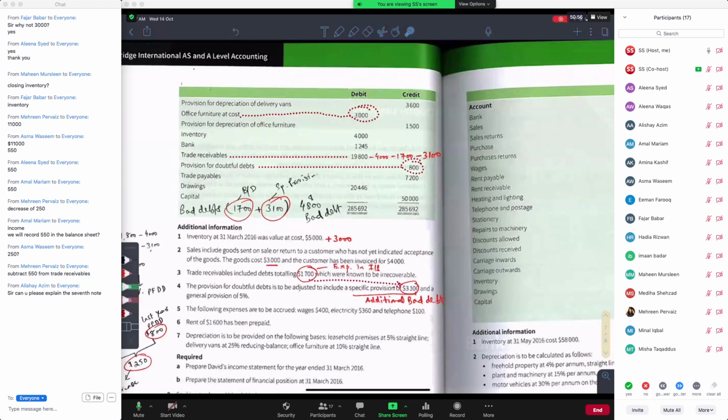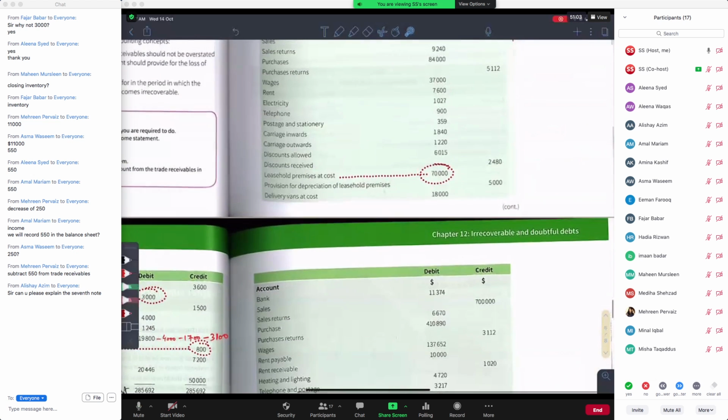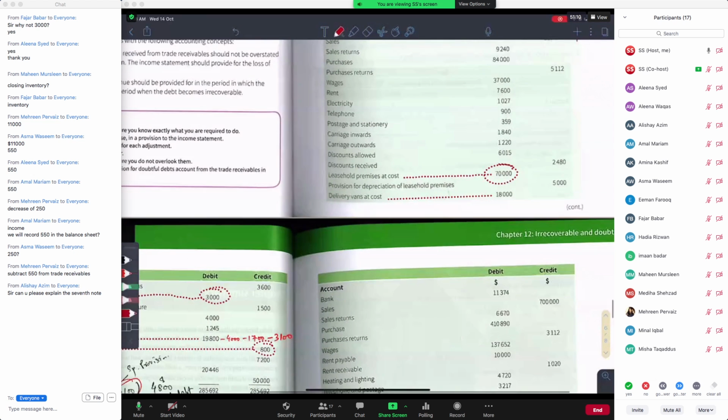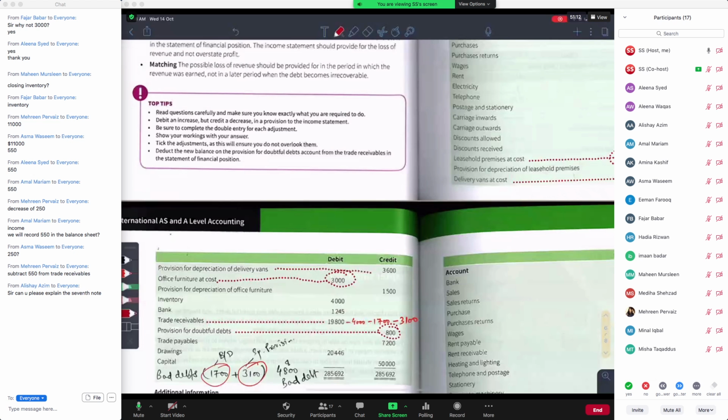But for delivery vans, it's 25% on the reducing balance method. So we find the delivery vans. That's your cost, and the delivery vans' provision for depreciation is 3,600.